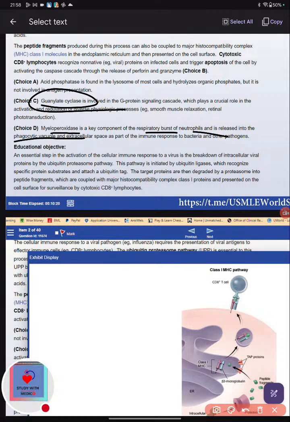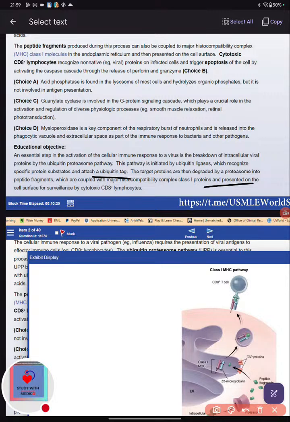Talking about the educational objective: an essential step in the active cellular immune response to virus is breakdown of intracellular viral proteins by the ubiquitin protease pathway. It is initiated by ubiquitin ligase, which recognizes specific protein substrates and attaches a ubiquitin tag. The target proteins are then degraded by a proteasome into peptide fragments, which are coupled with MHC class 1 proteins.